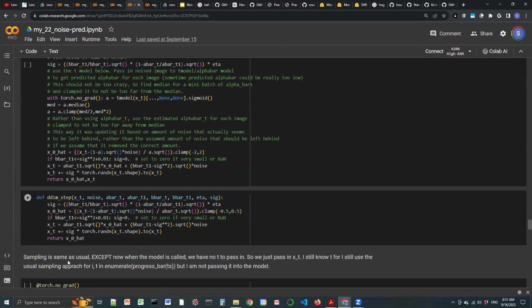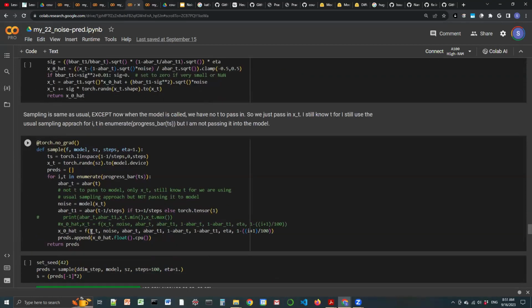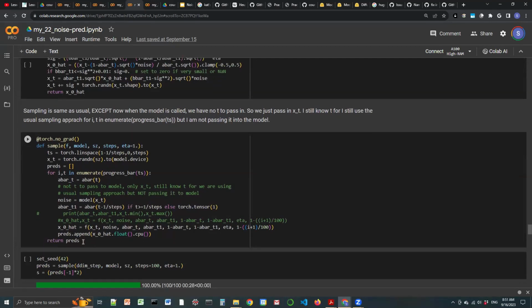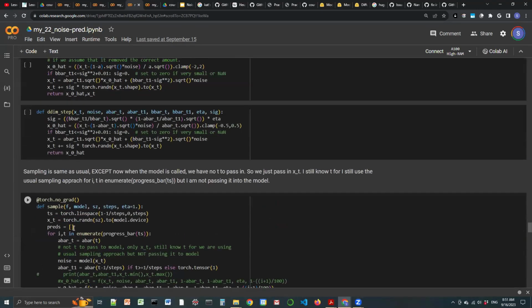So this is the original DDIM we use here, and we pass in the DDIM step as f when we sample. So the f that's passed into sample is this DDIM step, okay?